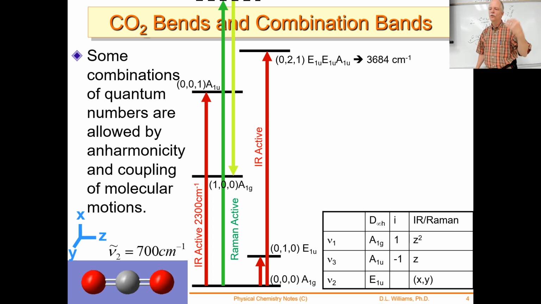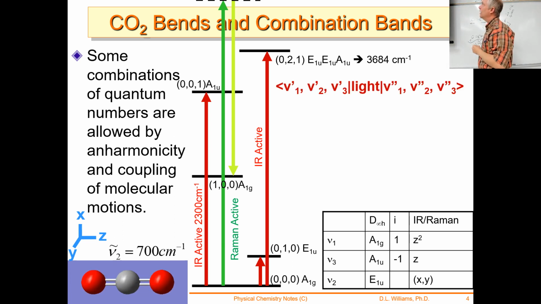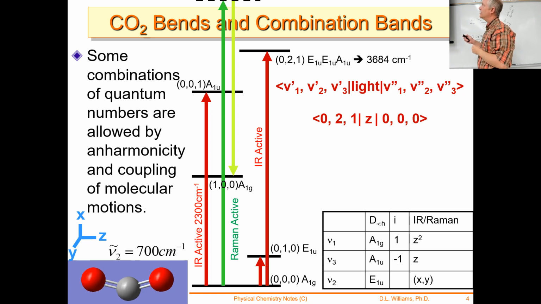We analyze what kind of vibrational frequencies would get us up there, and we realized that if I took one of the nu 3 vibrations and 2 of the nu 2 vibrations, I would get to 3,684. And so I'm going from 0, 0, 0, the ground state for all 3 vibrations, and I'm going up to 1 excitation in nu 3 and 2 excitations in nu 2. That gets me this frequency right here.